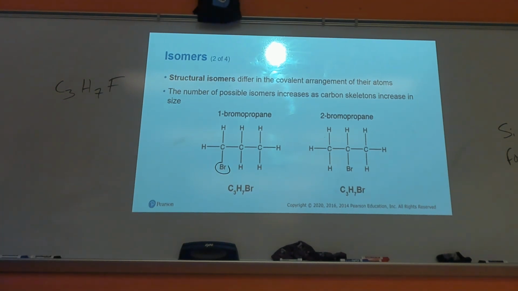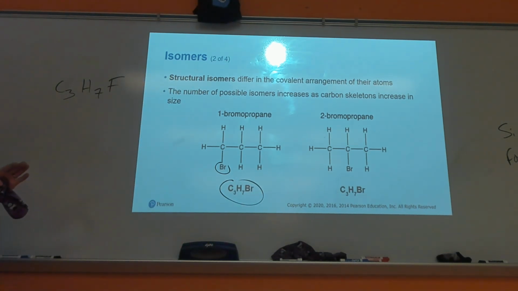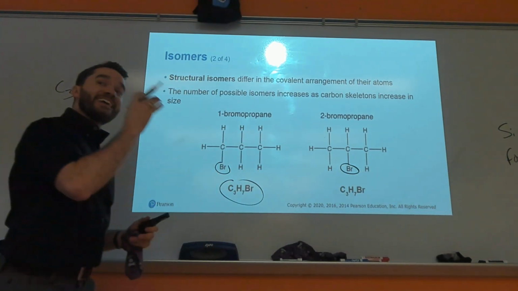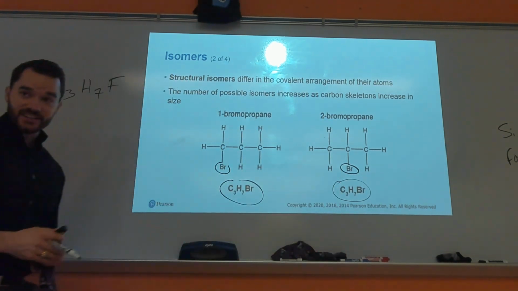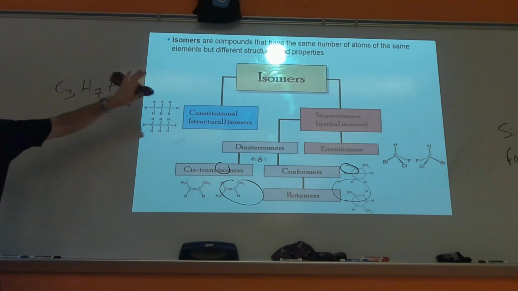The chemical formula is C3H7Br. Now there's 2-bromopropane, where the bromine is coming off the number 2 carbon, but the chemical formula is still C3H7Br. See what I'm saying? Same formula, you just attach them in different ways. All right, so that's this side.